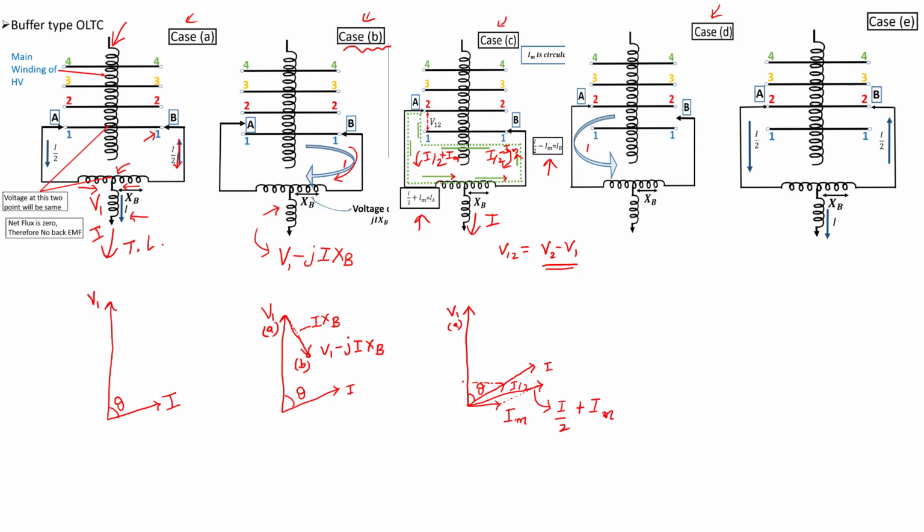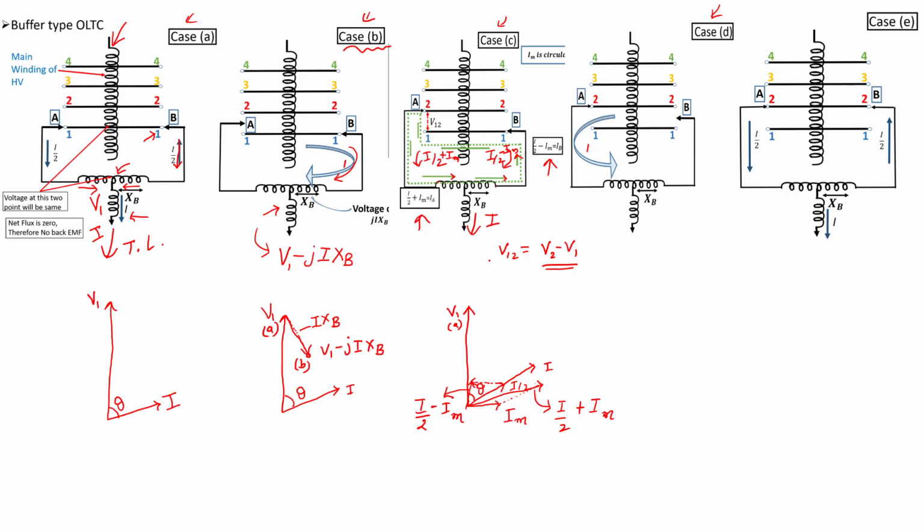It depends on the value of theta. This phasor is I by 2 minus IM. So this is the typical phasor diagram of various currents here.